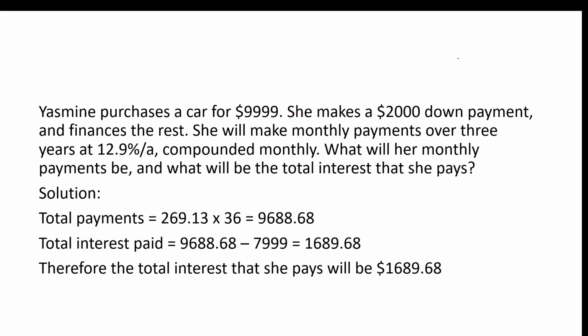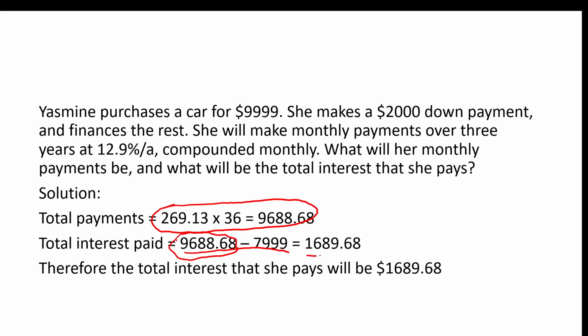Okay? So her total payments will be $269.13 times 36, which is $9,688.68. From that $9,688.68, we're going to subtract $7,999 because all she really owes is $7,999. But instead, she's making a promise to pay in the future $9,688.